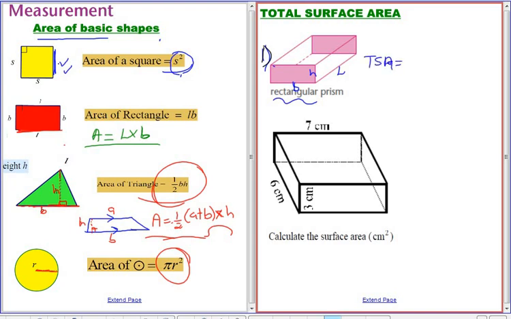So let's see if you can follow. I'm going to calculate these two sides, that is this side here and that side over there. As you can see, I'll have to say length, this length here, and I have to say height as well. So if I want those two sides, that's what I'm going to do. I have 2 of those. That is length times height. Okay, so I'm done with those 2.